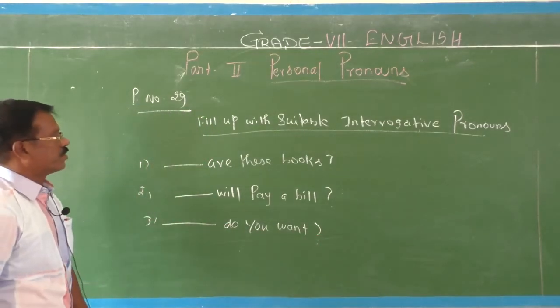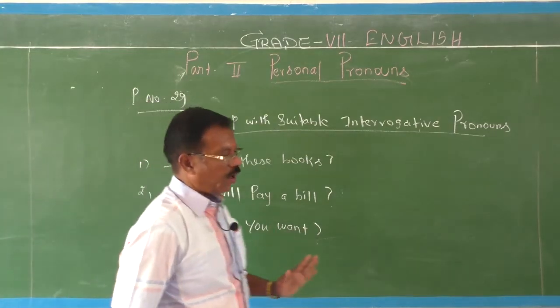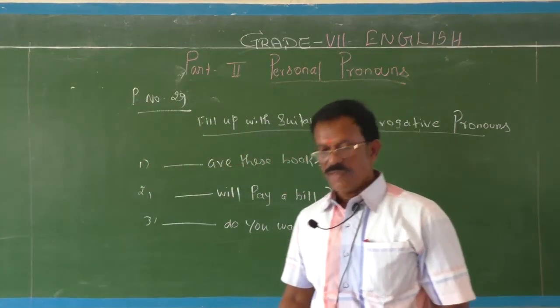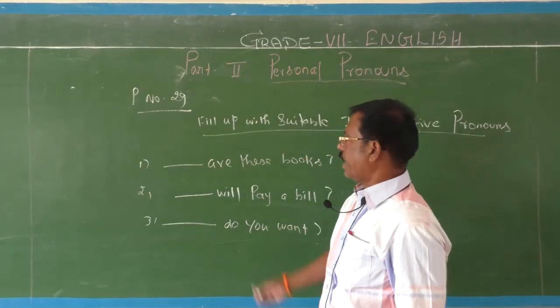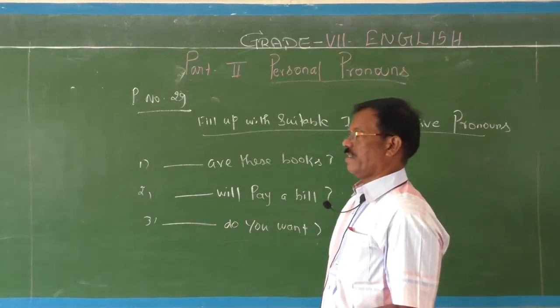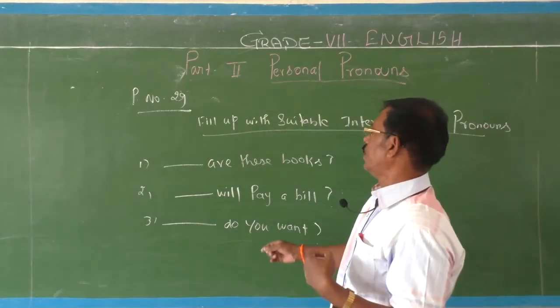Actually this is the exercise given in your grammar book, page number 29. I'll give you the answer for the three questions. The remaining questions you just do as a problem. Okay children?